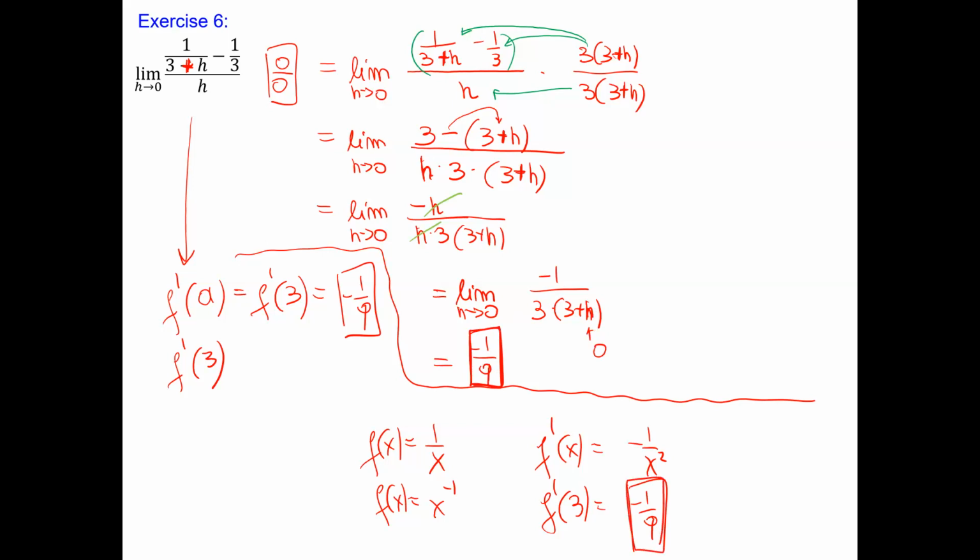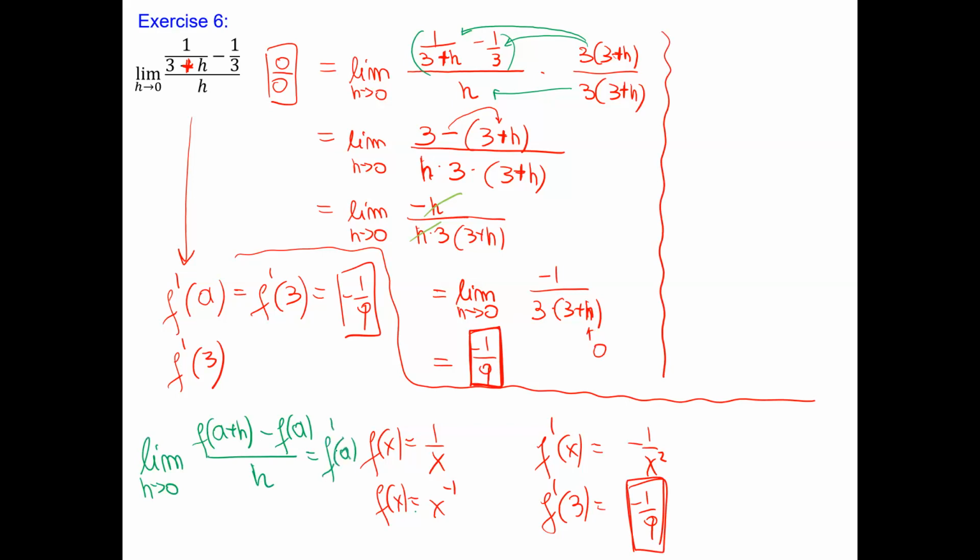Okay, one more time. I can write here, limit as h goes to 0 of f of a plus h minus f of a over h. Yeah? This is the derivative at a.